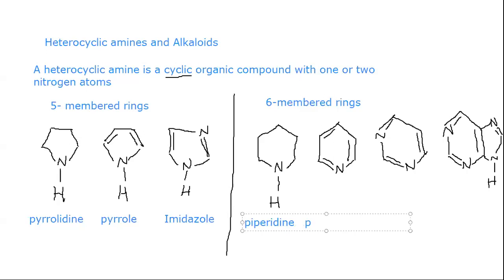The second one is called pyridine. Pyrimidine. And then the last one is called purine.